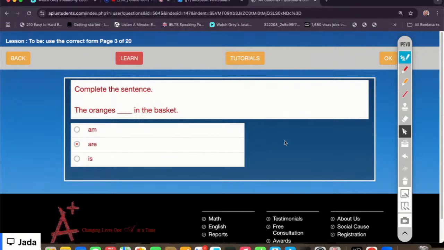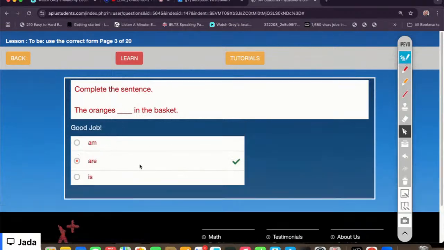Alright, so the oranges are in the basket because it's in plural form.